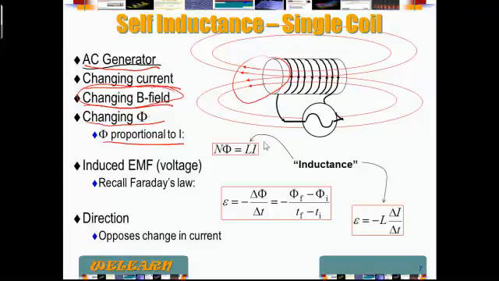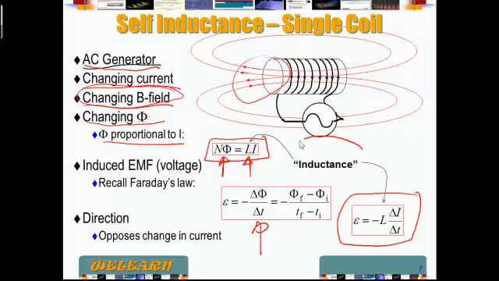So we can write that the overall flux through that coil is going to be a constant, in this case we are calling it L, times the current. And the EMF is going to be the same constant L times the change in current as a function of time.